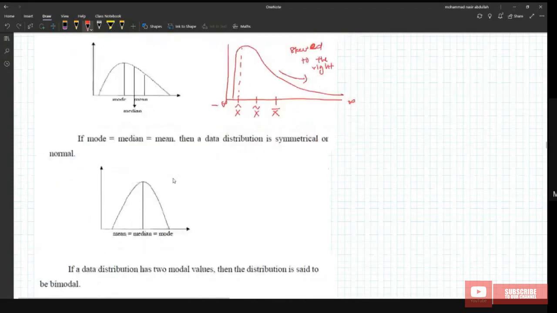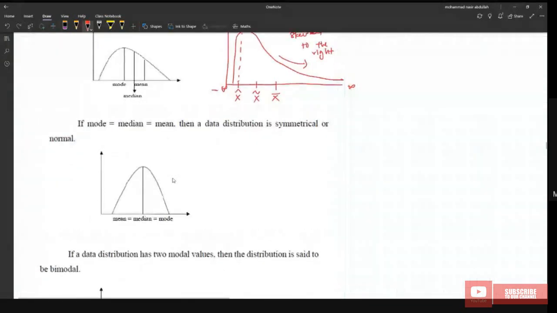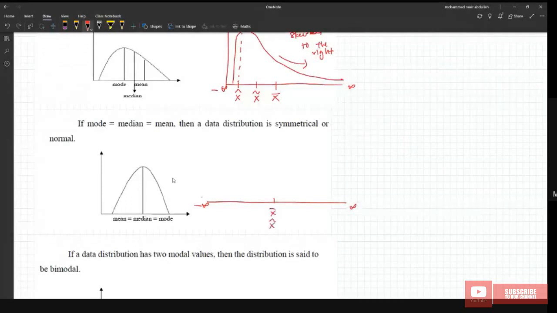Right? If you have, this is from negative infinity to infinity. So if you have mean equal to mode equal to median, so you will have a symmetrical distribution.